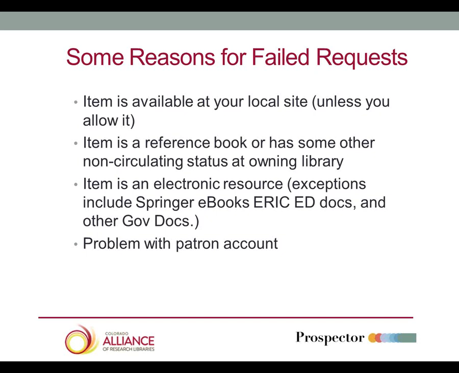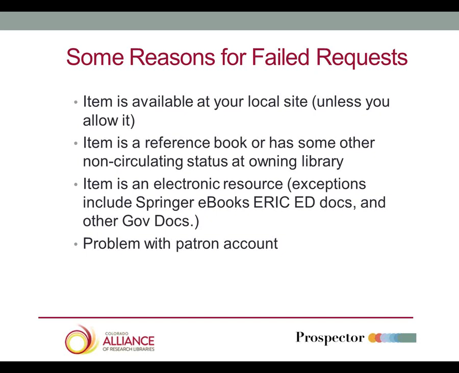Item is an electronic resource, and in most cases this is something in Prospector that we're grappling with, and I think a lot of libraries are grappling with this, is how do you deal with all of the electronic content. We do have some open access collections or lendable ebooks. So for example, Springer is a publisher, and they've allowed libraries to lend their Springer ebooks.